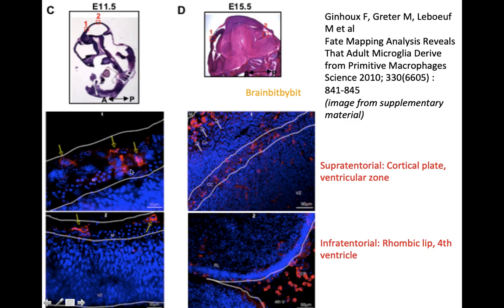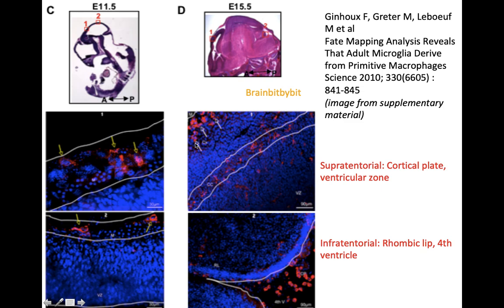The microglial cells have been stained with colony stimulating factor 1 in red, and the other cells are colored blue. On day 11 you can see the microglial cells migrating into the meninges. On day 15 in the supratentorial brain, you can see the meninges here and the ventricular zone below.